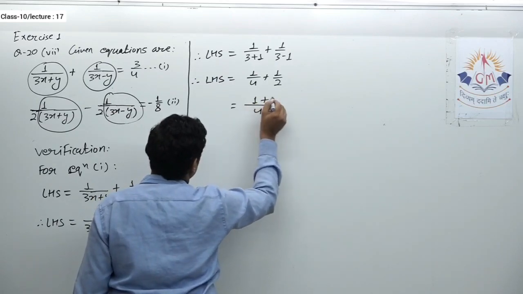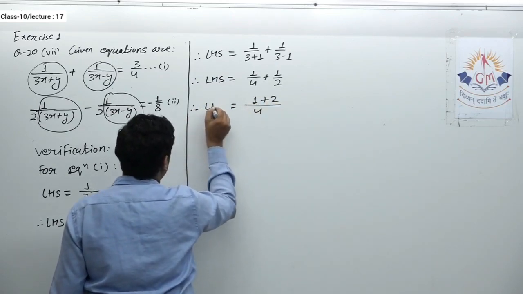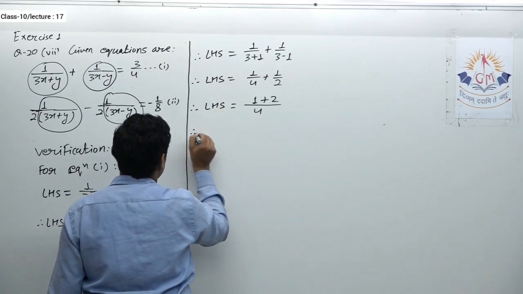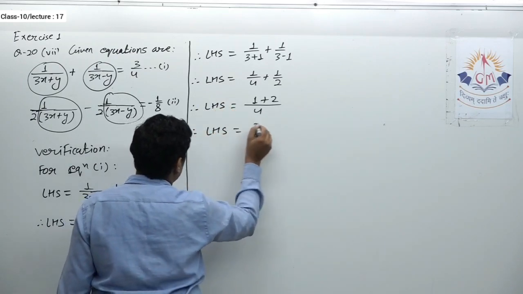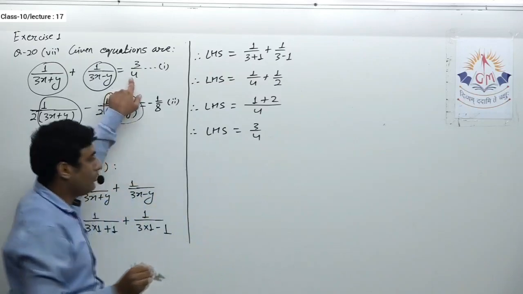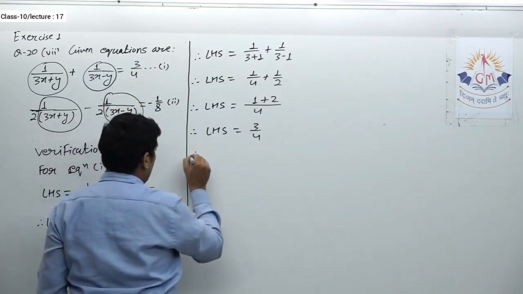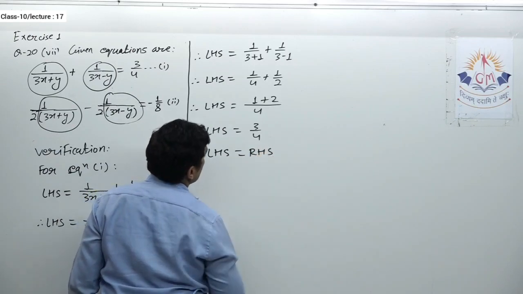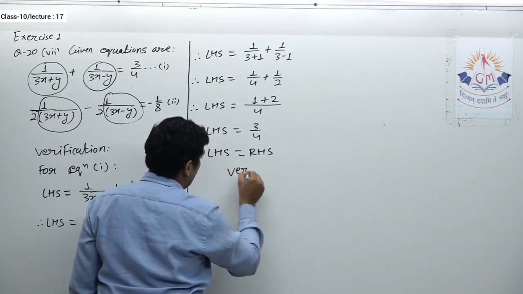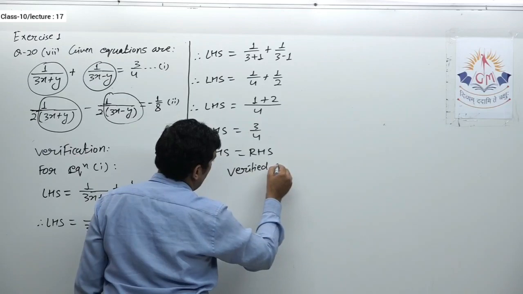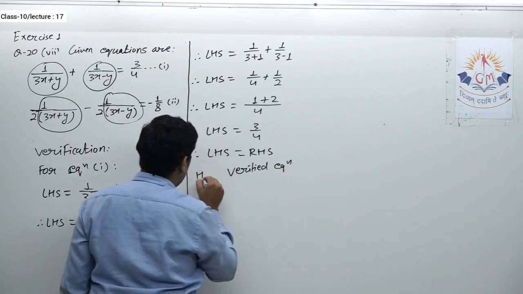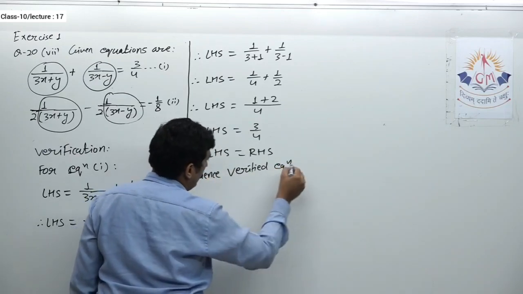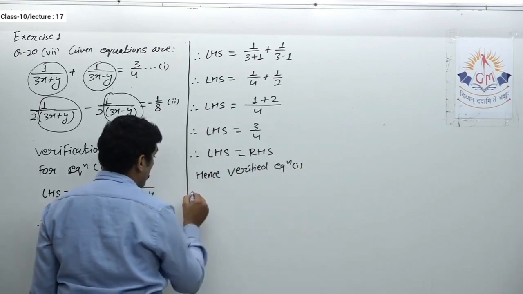So 1 plus 2. Therefore left hand side is equal to 3 by 4, which you can see is also the right hand side. So here I do write, therefore LHS is equal to RHS. Hence verified equation 1.